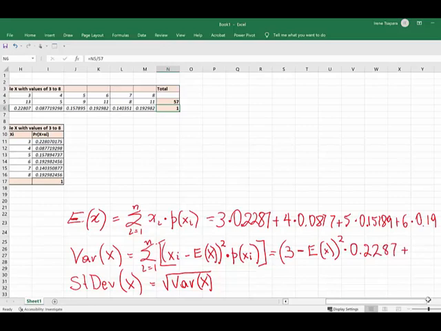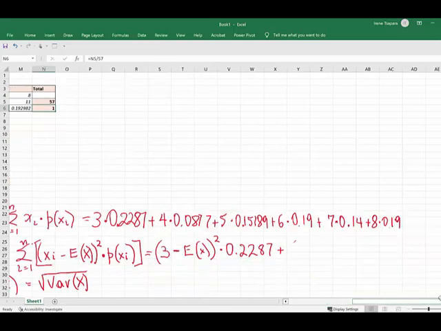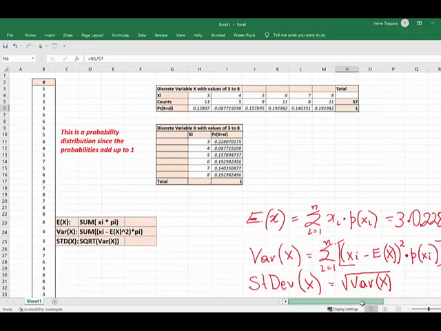And I will continue with 4 minus the E of x squared times 0.0877, and so on. So this is how I would calculate this by hand, and it would be quite tedious and time consuming. Let me show you here how you do that in Excel.